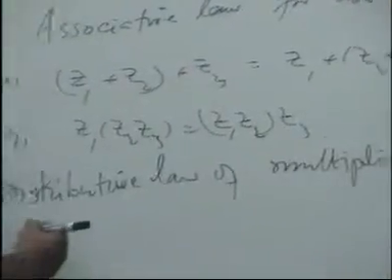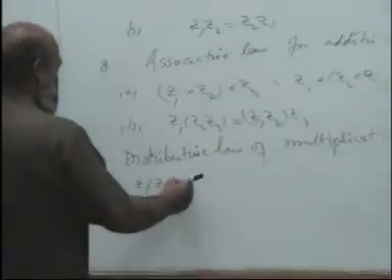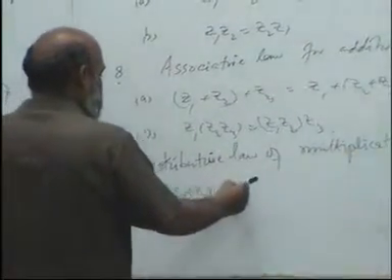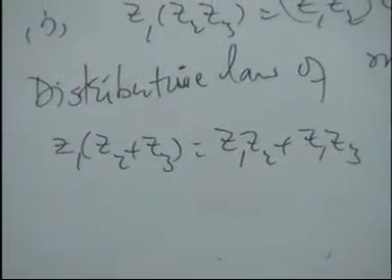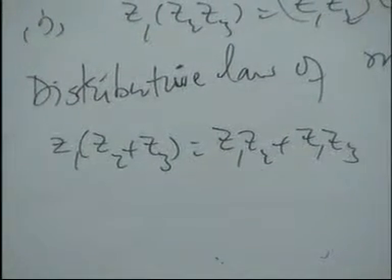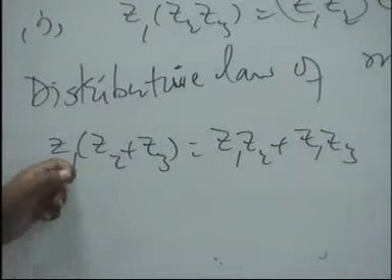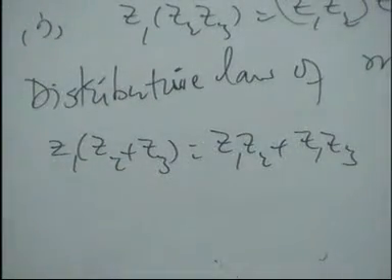That multiplication is distributive over addition. That Z1 into Z2 plus Z3 can be written as Z1 into Z2 plus Z1 into Z3. So this Z1 is distributed over Z2 and Z3. Okay, this is multiplied with this plus this is multiplied with this. So Z1 is distributive.